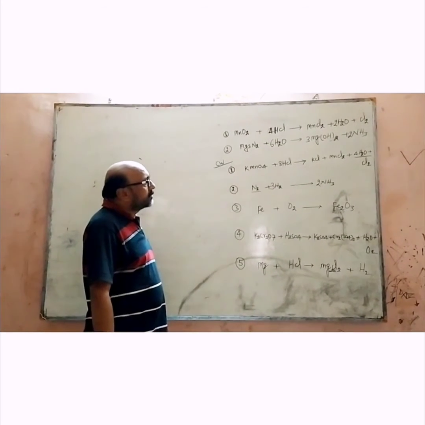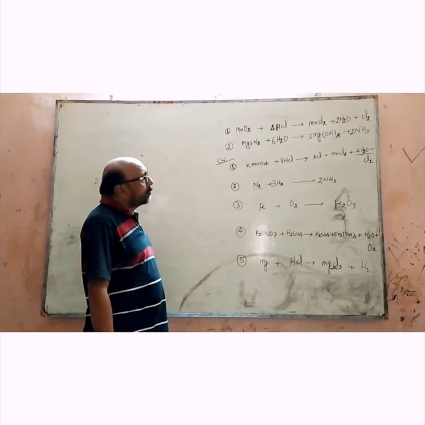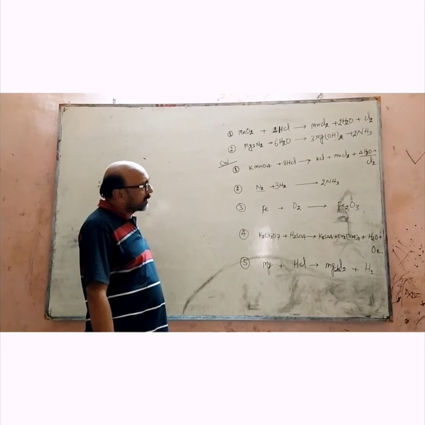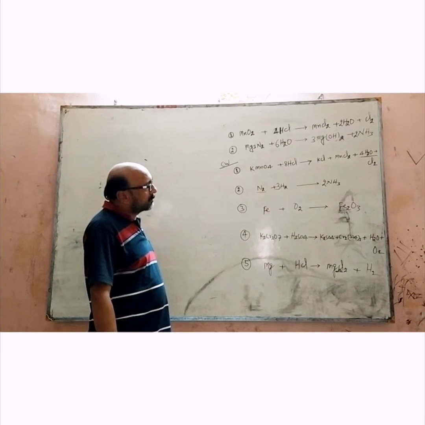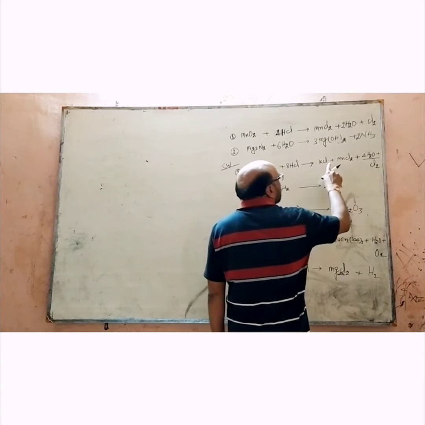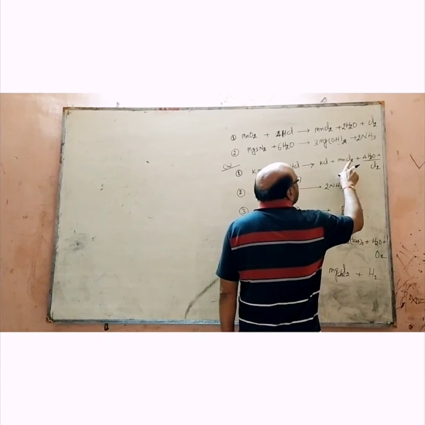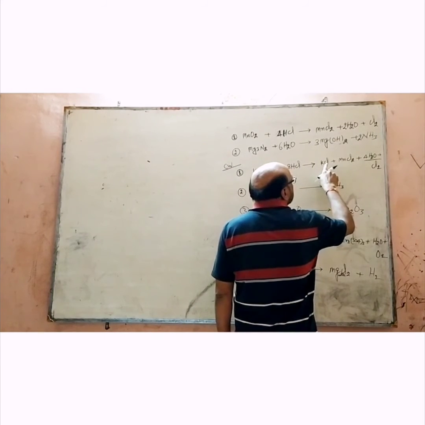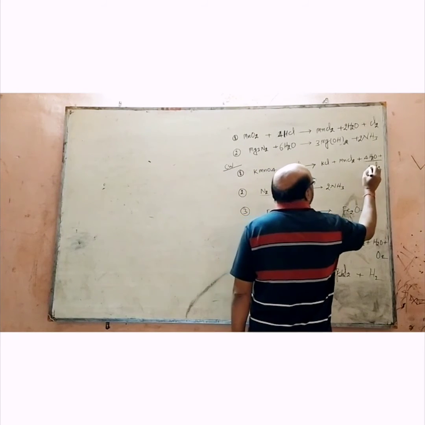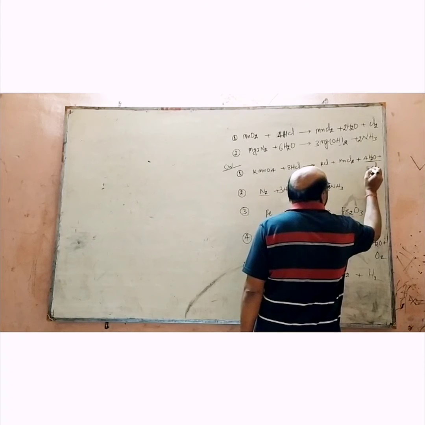And now consider the number of chlorine atoms. Multiply here Cl2 by 5 by 2.